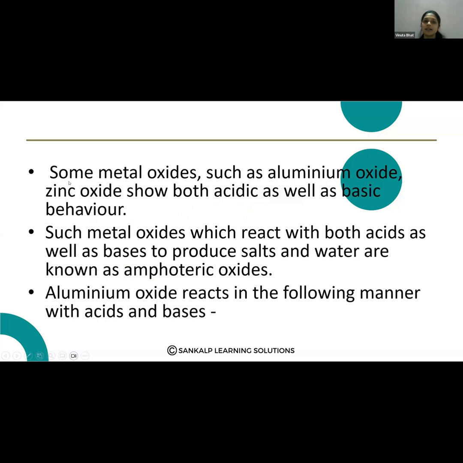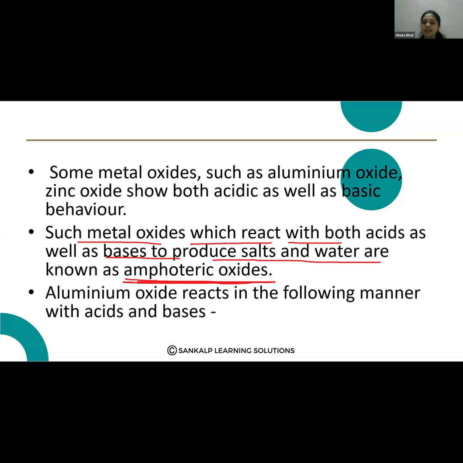Next one. Some metal oxides such as aluminium oxide and zinc oxide show both acidic as well as basic behavior. So these are called amphoteric oxides, right? Such metal oxides react with both acids as well as bases and produce salt and water. They are known as amphoteric oxides.